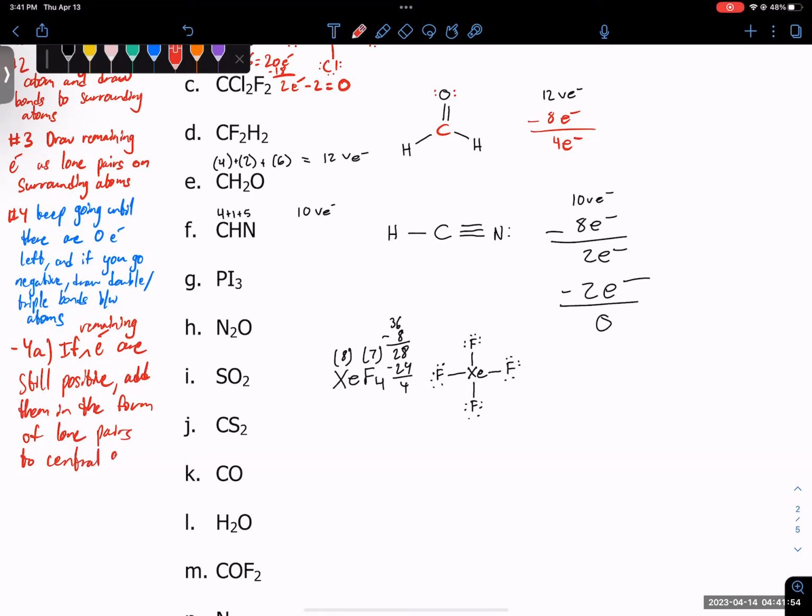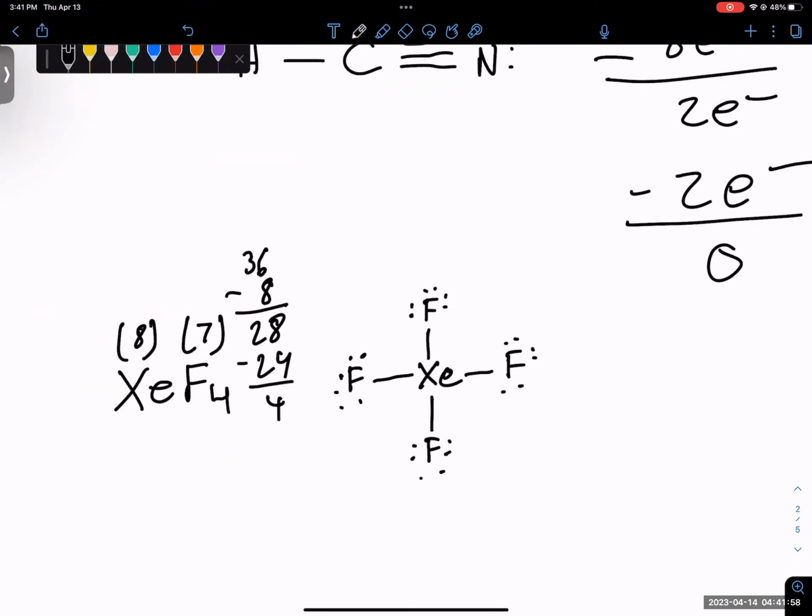Since here we have 4 electrons remaining and our fluorines are completely filled with all their octets, you can go ahead and add 2 lone pairs here to take care of your 4 electrons. So that's 2 lone pairs right here.